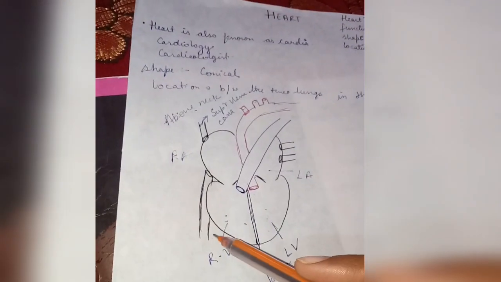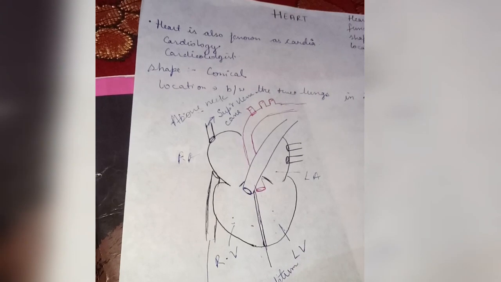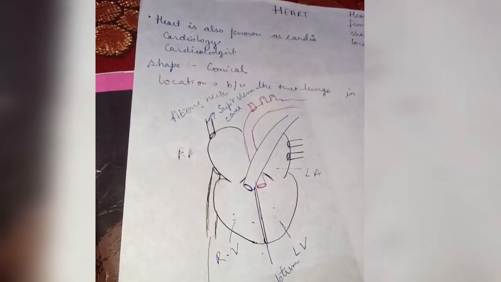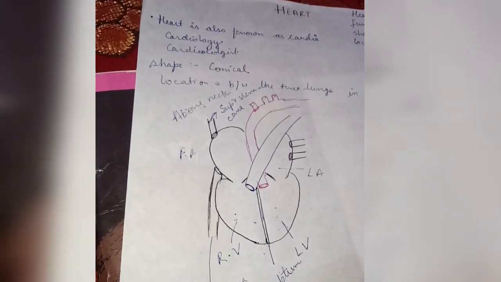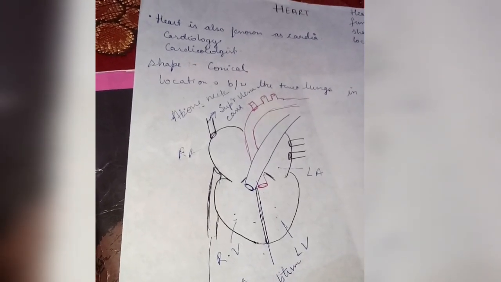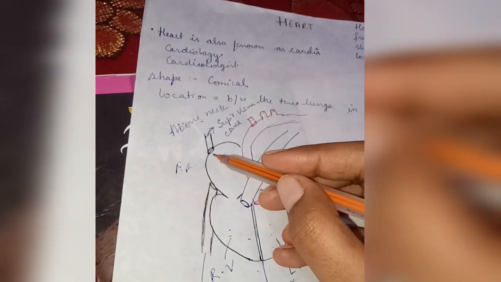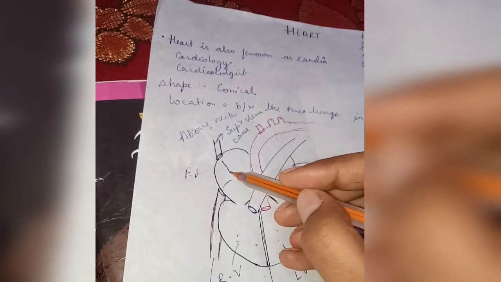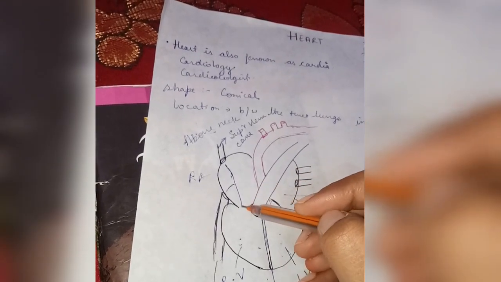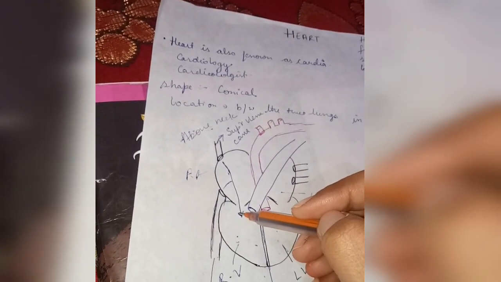And below the neck the blood comes through the inferior vena cava. From here it collects into this right atrium, and then it goes into the right ventricle.